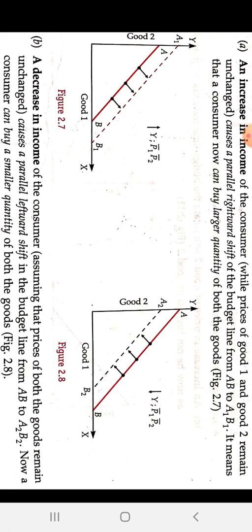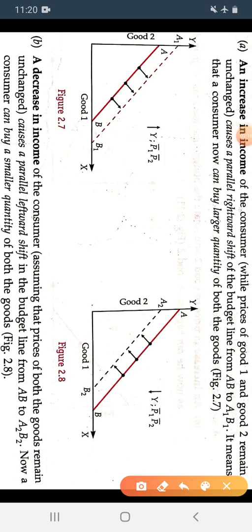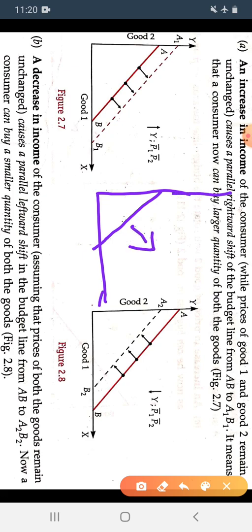So when there is a change in the income of the consumer, we have a diagram like this, and the curve will shift to the right.